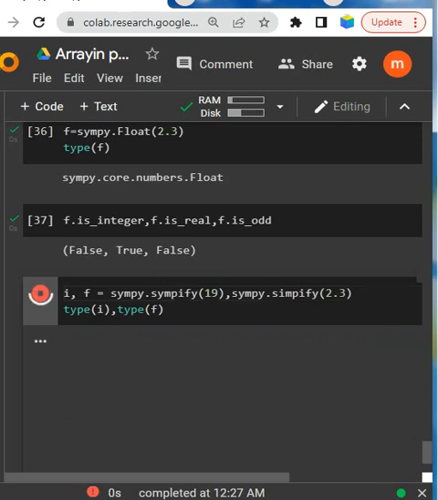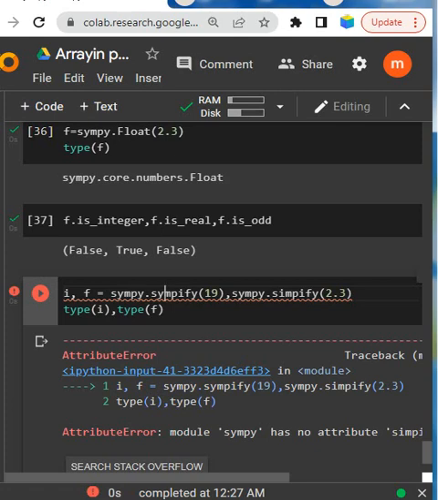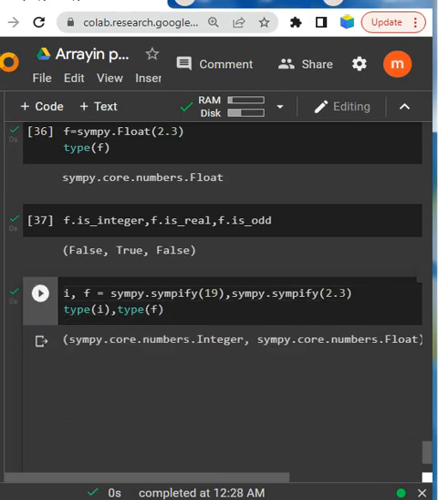So sympify, same mistake, just sympify. So now both of them have been created. Same thing, you can use the integer and the other ways also.